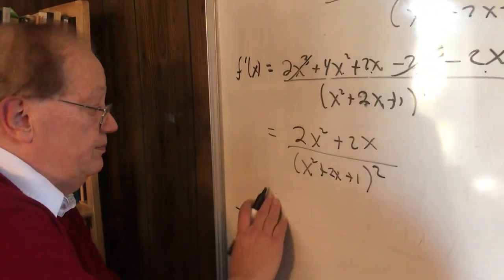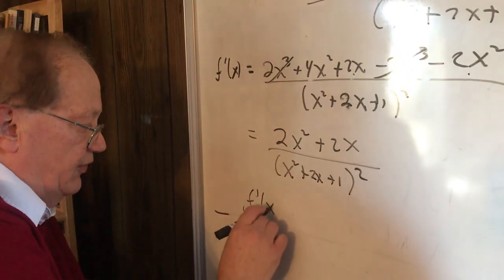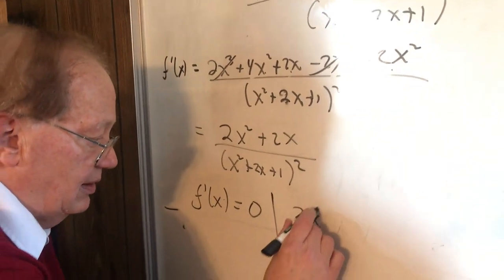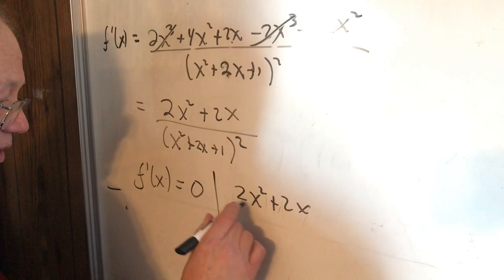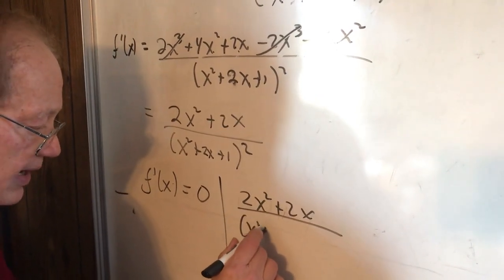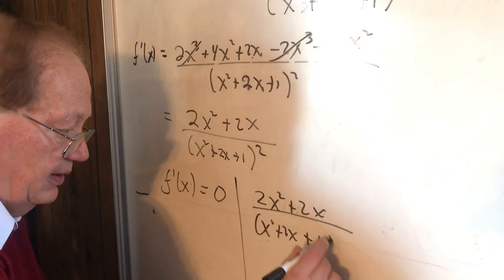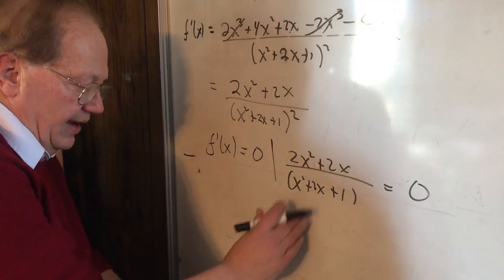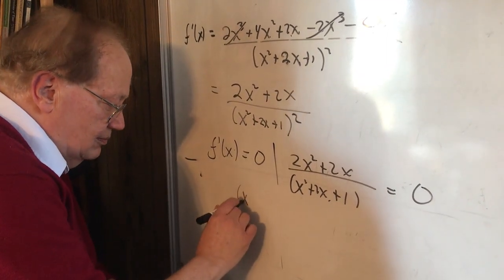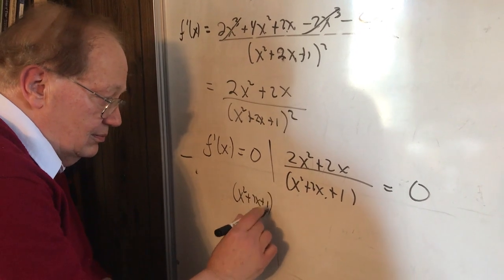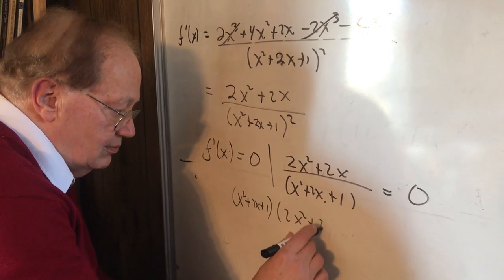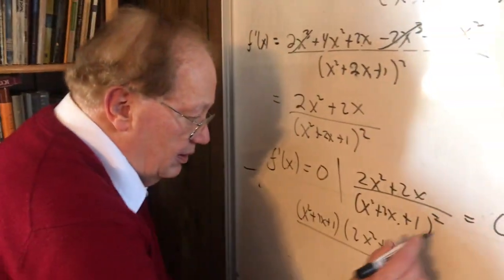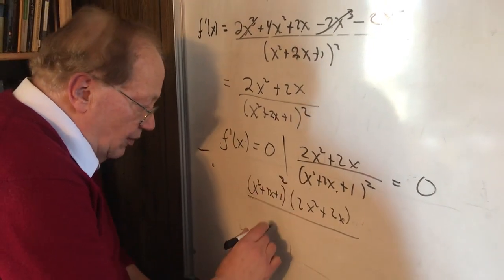Okay, let's set f prime of x equal to 0 to find the critical points. So where we get (2x squared plus 2x) over (x squared plus 2x plus 1) squared equals 0. Now, if I multiply both sides by x squared plus 2x plus 1 squared, sorry, doesn't make a difference because it's going to go away.